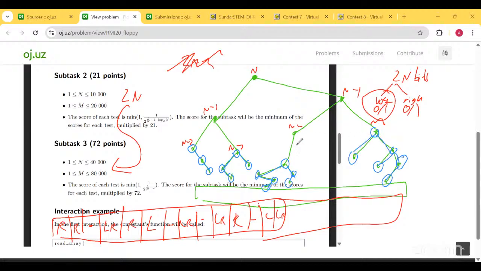We can activate this and so on. And finally, we can activate this. So this is the last activated node. So it is the root. Okay. Is there any question?